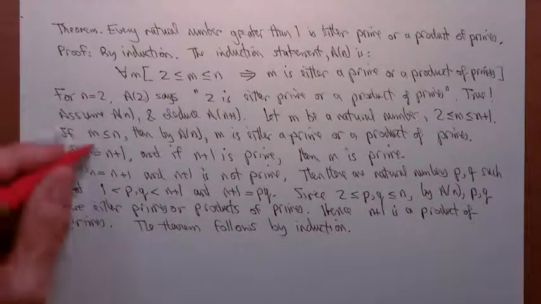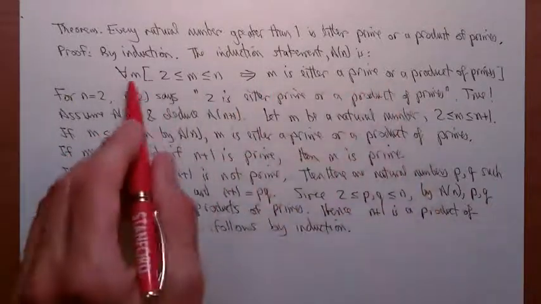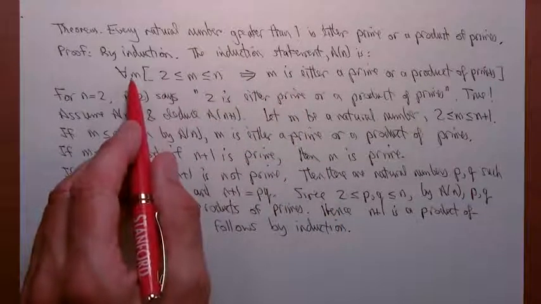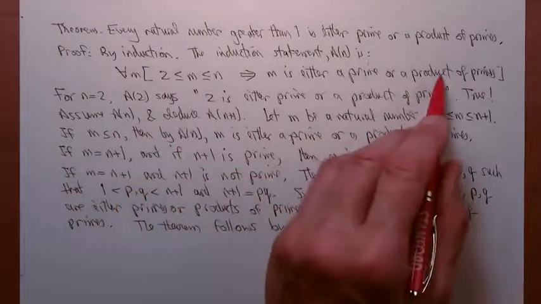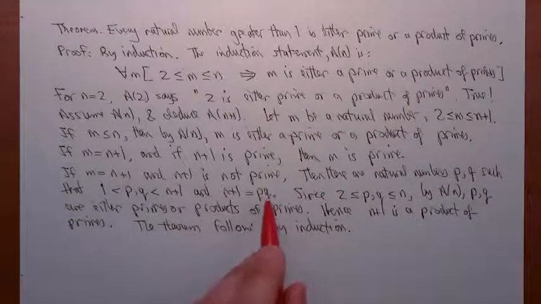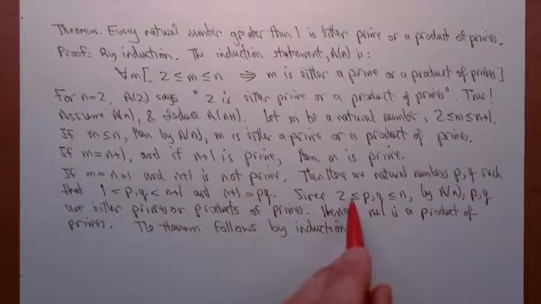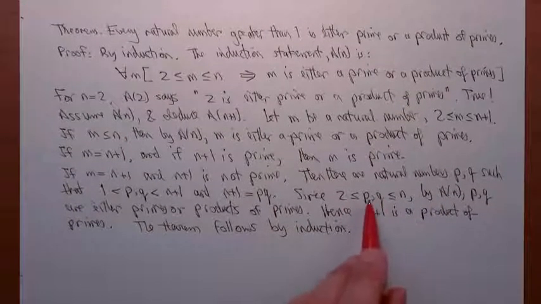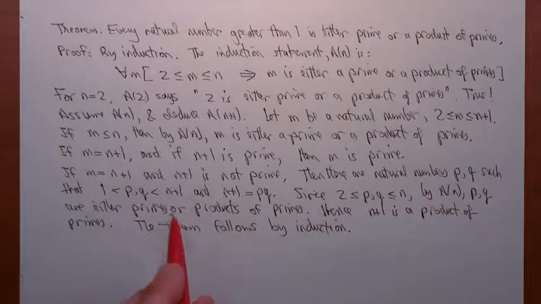If you look back through this proof now, you'll see why we took our induction statement to be this somewhat more complicated looking statement. We wanted the induction statement to talk about all the numbers up to and including n being either prime or products of primes, so that when we went through the proof and we came down to a pair of numbers like this, we could immediately apply the induction hypothesis A(n) in order to conclude that each of those two were either prime or products of primes, and therefore that n+1 was either a prime or a product of primes.